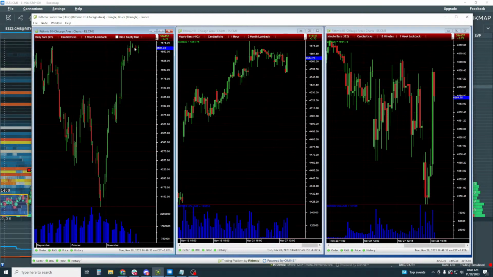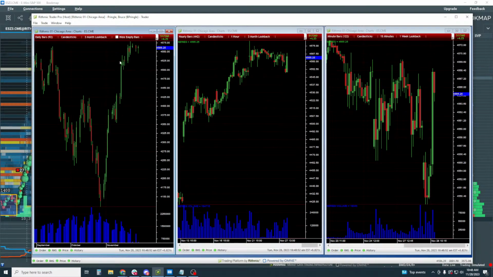Now we're trying to read and understand the daily in here, where it might be going next, and it's been kind of choppy. We can even read the strong move, chop in here, strong move, some chop, another move up, but it hasn't been one of these strong breakout moves.